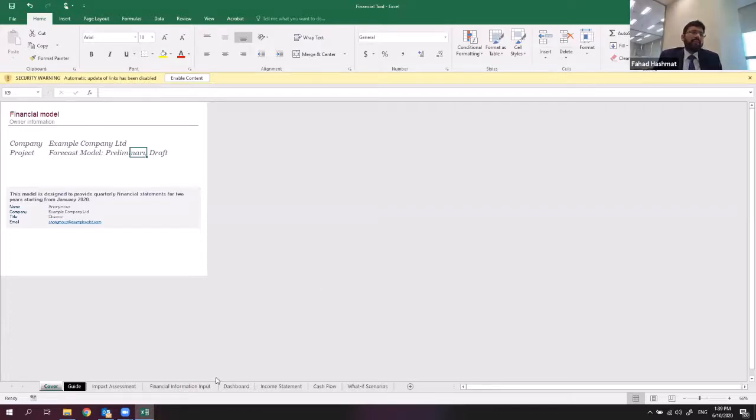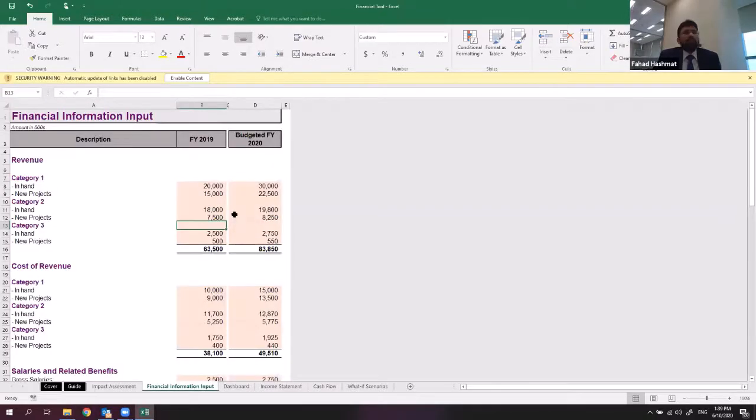So in coming up with this model, this is the tab which has the factual data, in which you will capture the actual performance that the company has achieved in 2019. Pretty basic information that you need to capture: your revenue.